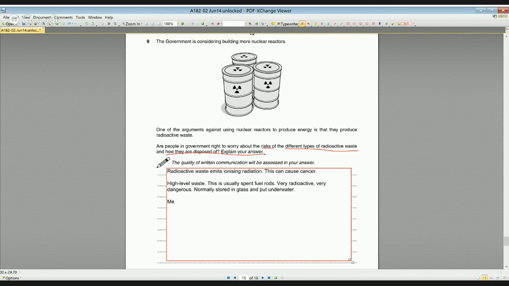The next one is medium level waste. This is usually equipment that's been handling the fuel rods. The risk is a medium risk. Usually this waste is stored underground.